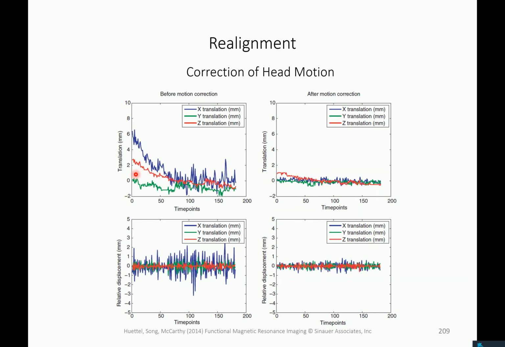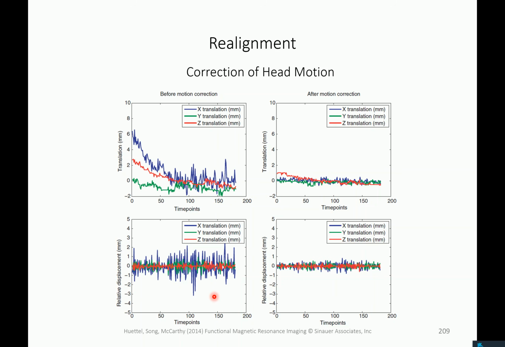Then after motion correction, if you again try to estimate the parameters in terms of translation, they are much lower. So that means that the algorithm is at least self-coherent. So first it estimates this movement, then you reslice so that this movement shouldn't be there anymore, and then afterwards it doesn't measure that much movement anymore.